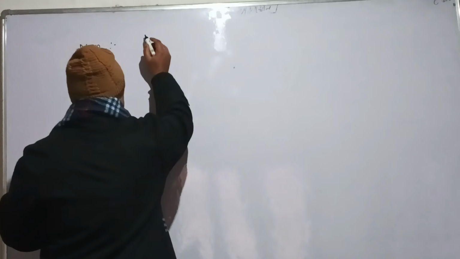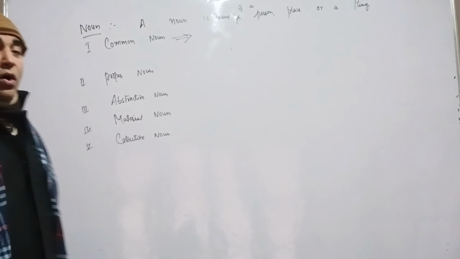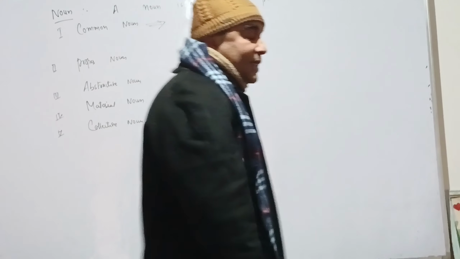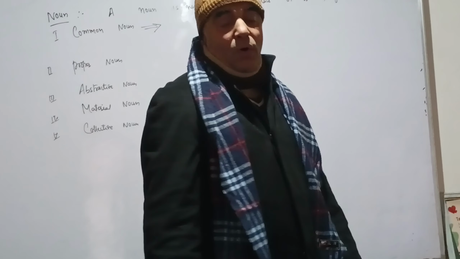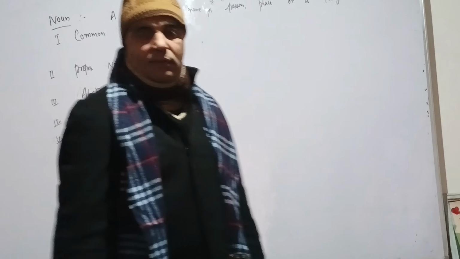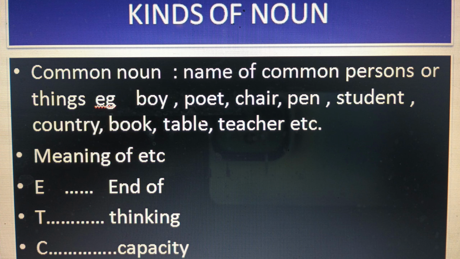So as common noun is concerned, common noun is the name of common things, persons, or places. For example, boy is a common noun, poet is a common noun, chair, pen, student, country.